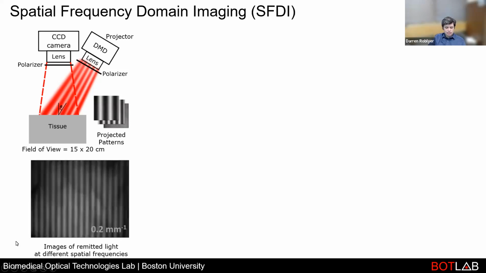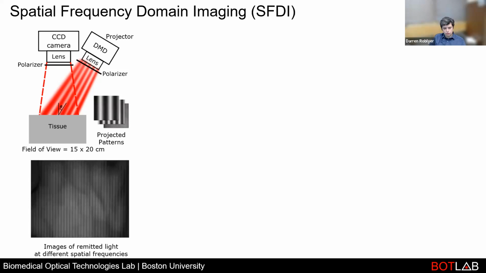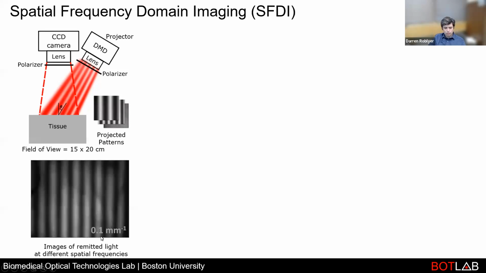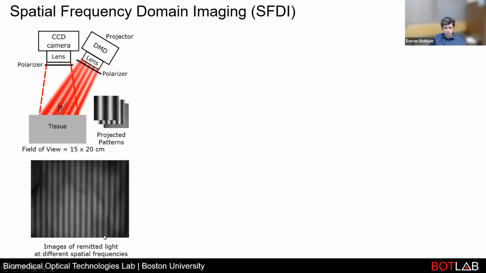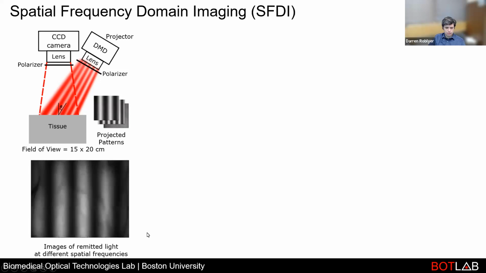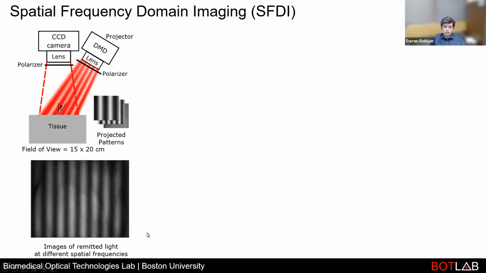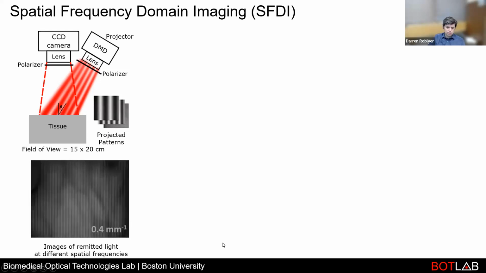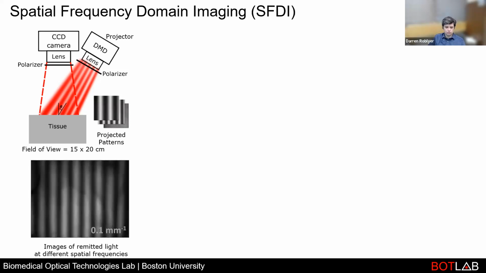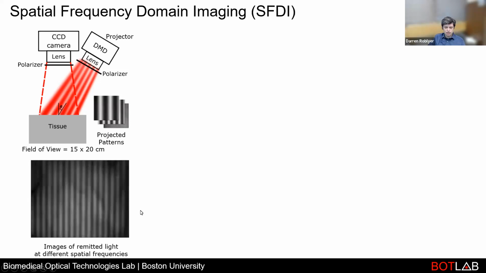And what you're looking at is a progressive projection of low spatial frequencies. There's DC, and then 0.05, 0.1, 0.2, and 0.4 inverse millimeters, or cycles per millimeter. And in order to build up that spatial modulation transfer function, one needs to measure at a minimum 2 different spatial frequencies, and sometimes more is better.